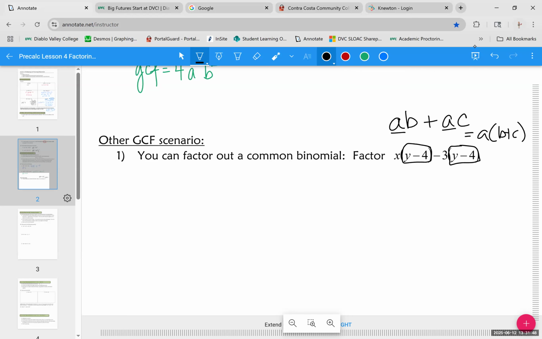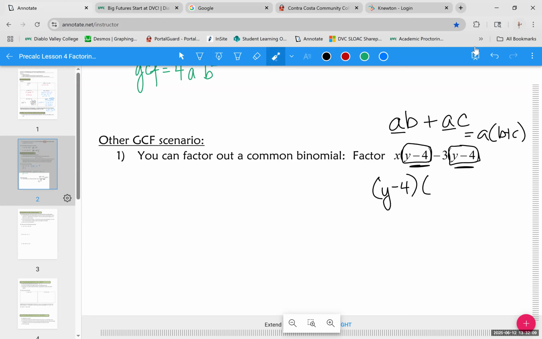So for example, in this one here, I have x times y minus 4 minus 3 times y minus 4. So the thing that's common is the y minus 4. I can factor that out front. I need to put parentheses around it because it is more than one term. So I have to group it together as this thing. And what's left?